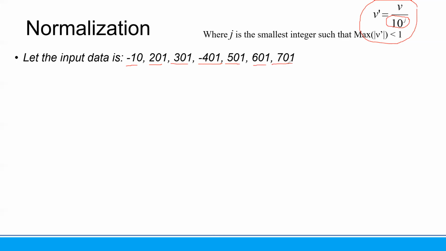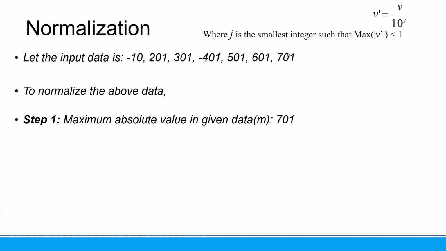What is the maximum here? The maximum with absolute value. So we take the absolute value, and then we want to find which value is less than 1. To normalize the above data, first we find the maximum absolute value.